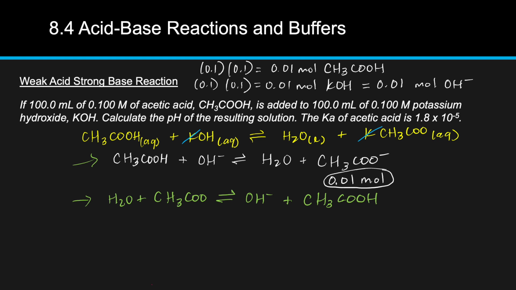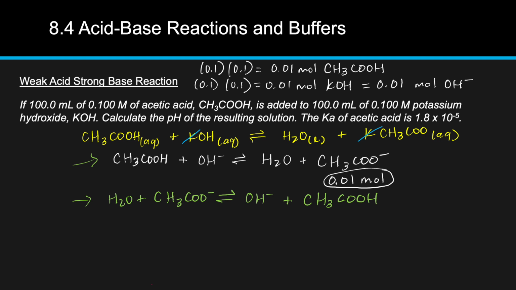So up here was for Ka, and now here is for Kb. Now that we are doing Kb, this is the exact same math that we did in 8.3. It just required that initial step to get to that point. So we are starting with a concentration of acetate, which we need to figure out.